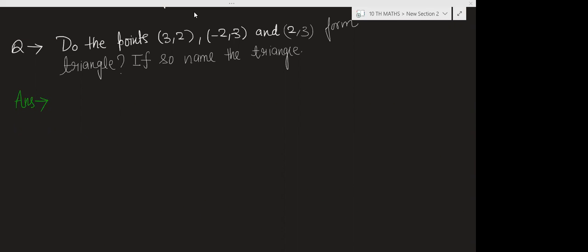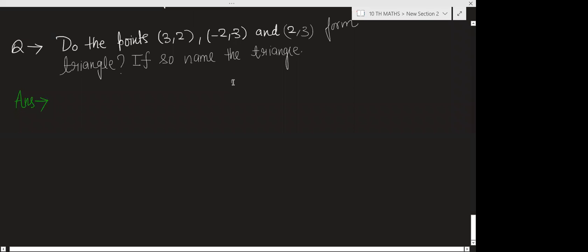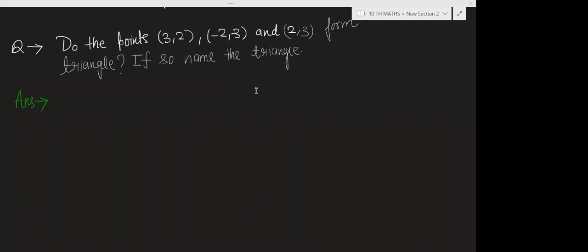Sir, we should first find, using the formula, all the values, right? Actually, I am just solving. Okay, sir, this is something different.